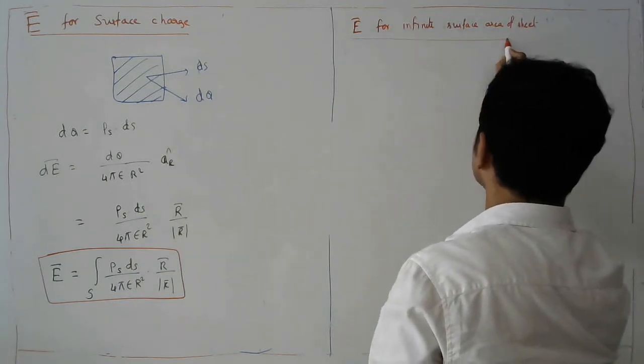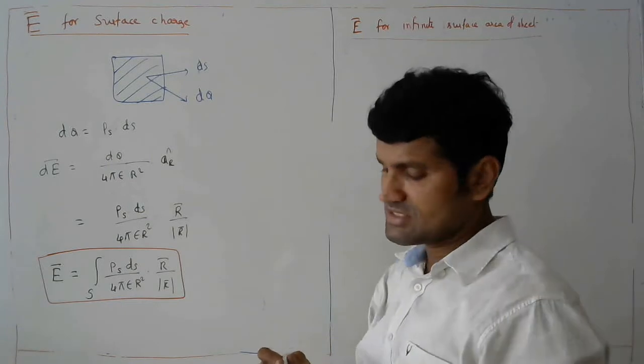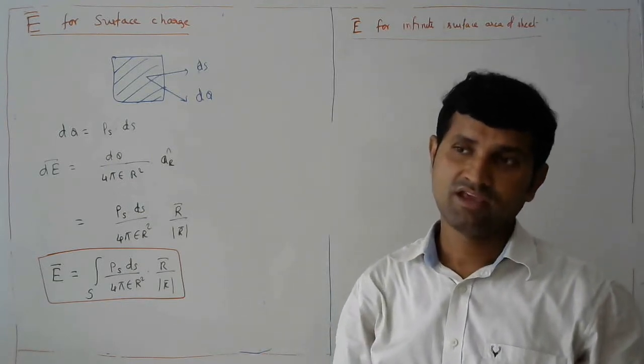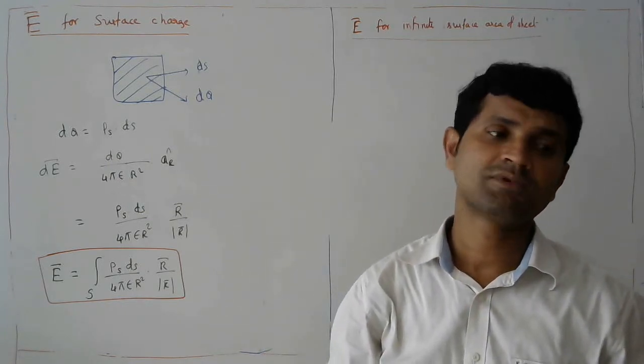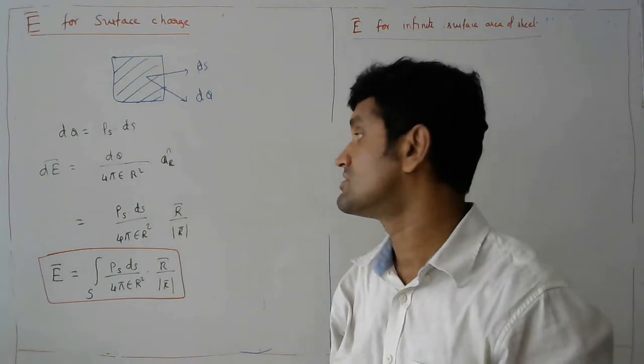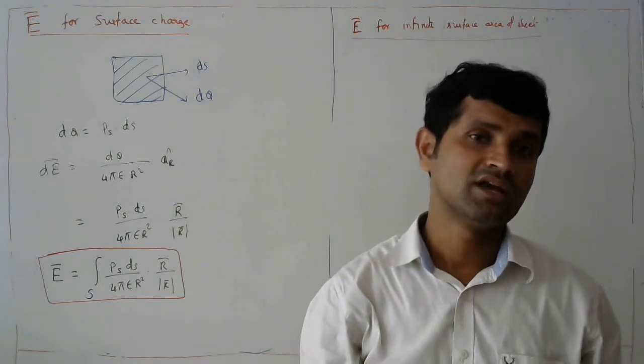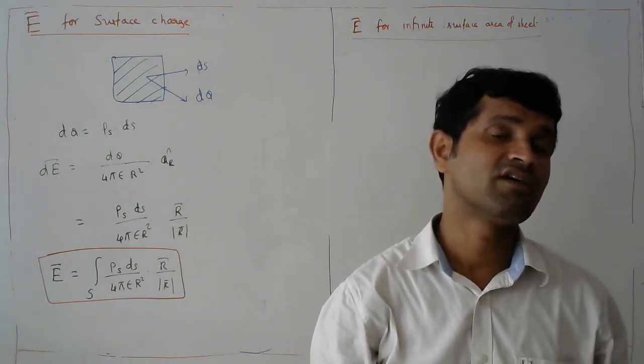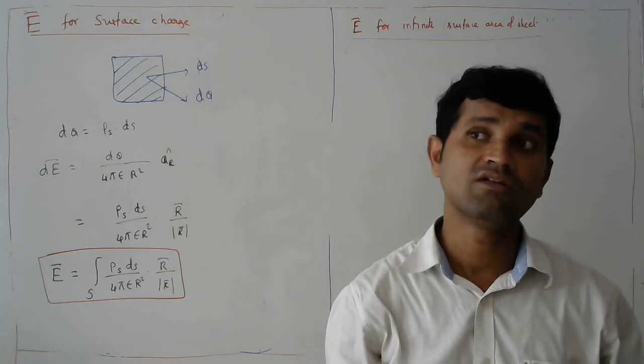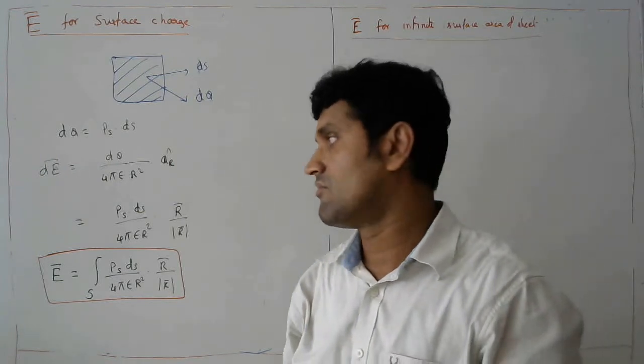Surface area means we have to keep that sheet on any one plane. It is a two-dimensional view, so the electric field intensity due to those surfaces will fall on one axis only.